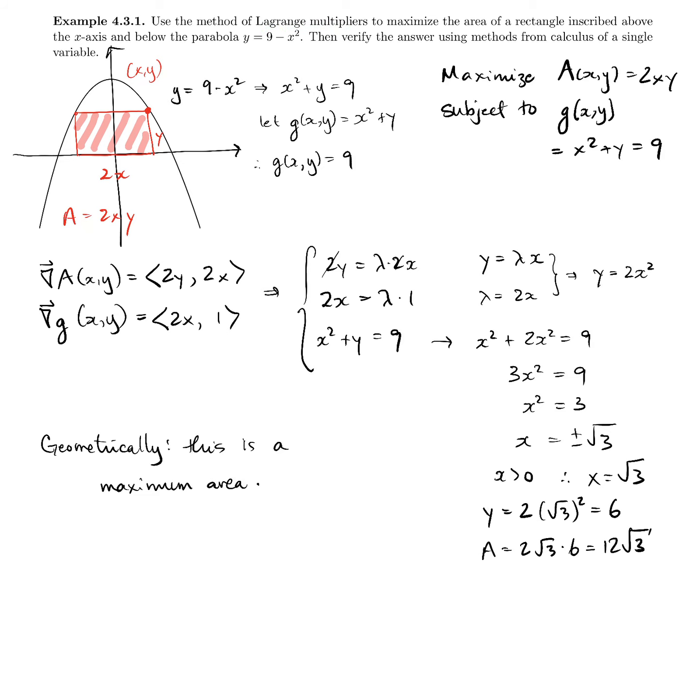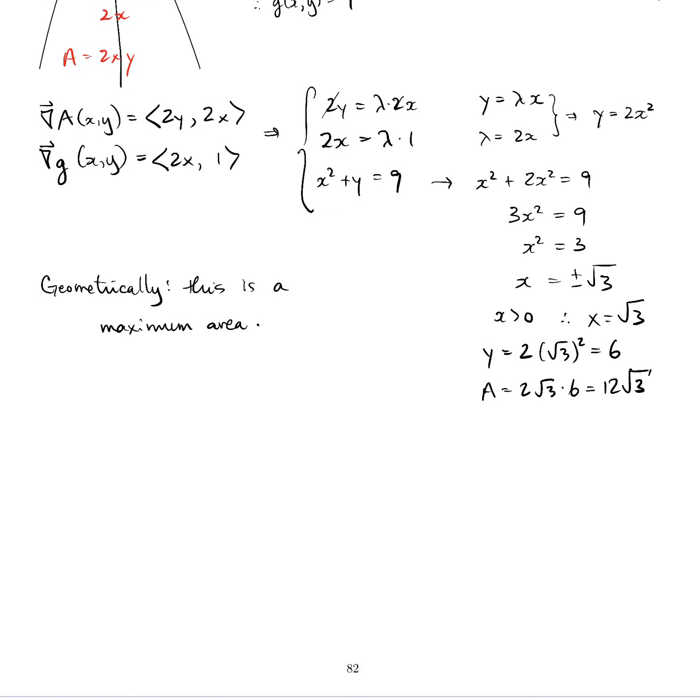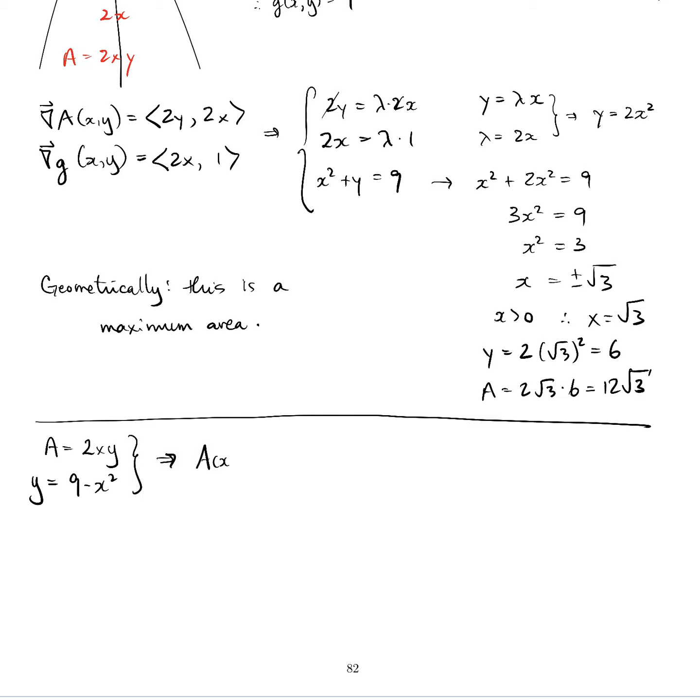Now what would you have done in Calculus 1? In Calculus 1 you would have done the same beginning. You would have said that A is 2xy, but you would have substituted. You would have said y is 9 minus x squared, and you would have put those two things together, and you would have created a function A of x. A of x, which is 2x times 9 minus x squared, or 18x minus 2x cubed.